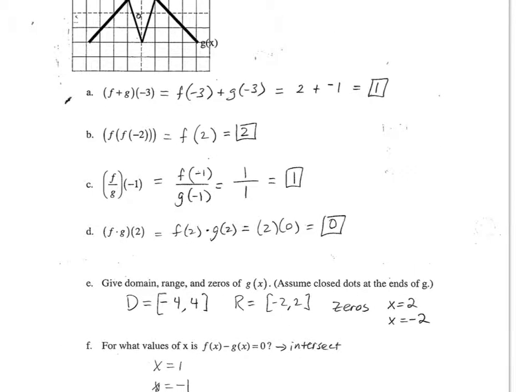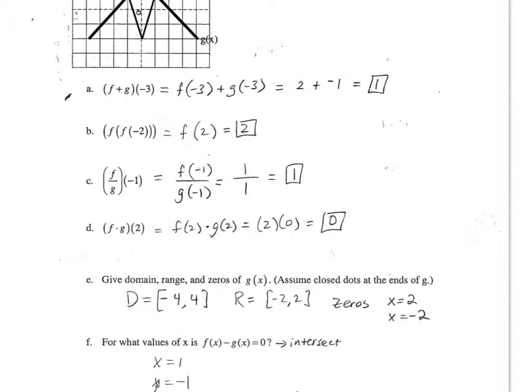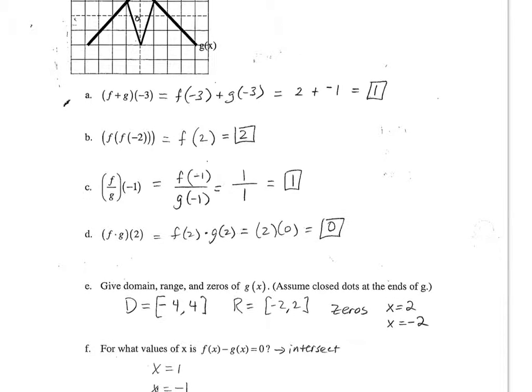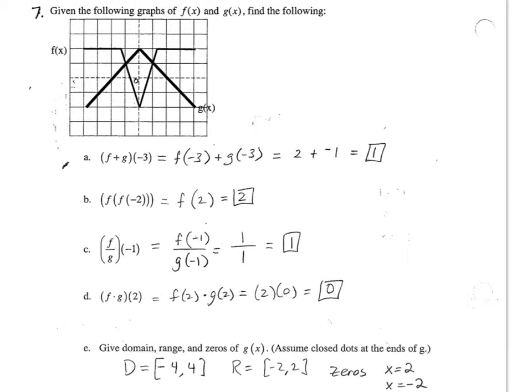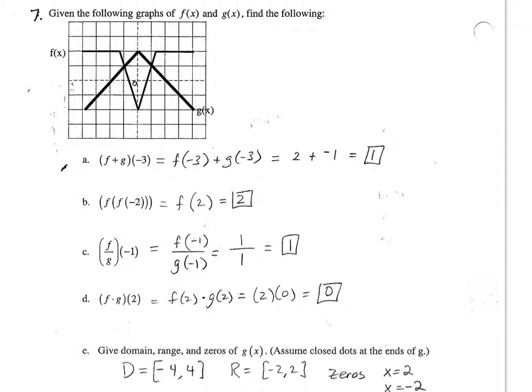Part E, I now want the domain, range, and zeros of g. Assuming these graphs have closed dots on the end of g, I go to this upside down graph, and I'm trying to read g of x. Well, if I count from left to right, the domain would be the closed interval negative 4 to 4.